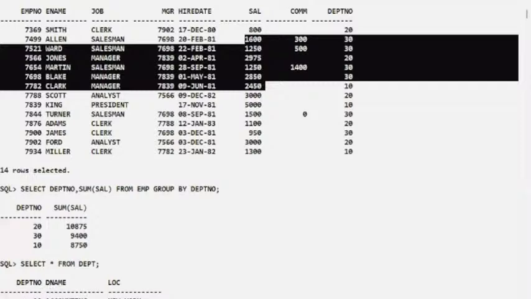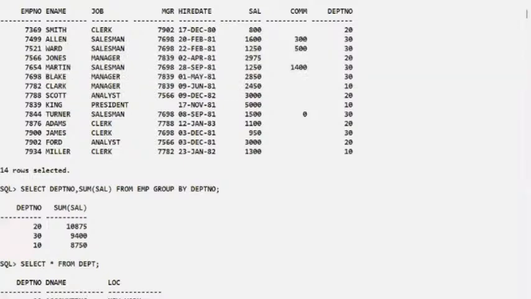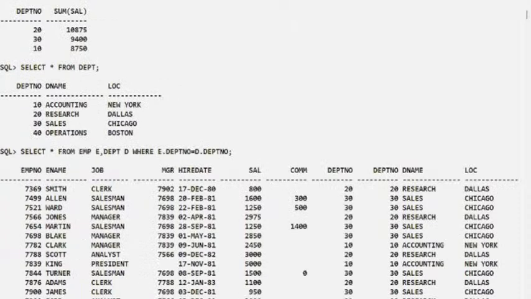So now I need a join statement to combine these two tables together. How do I combine these two tables? Select star from EMP E, DEPT D, where E dot DEPT number is equal to D dot DEPT number. In this case, you can see the two tables' data was combined here as per your given join condition.